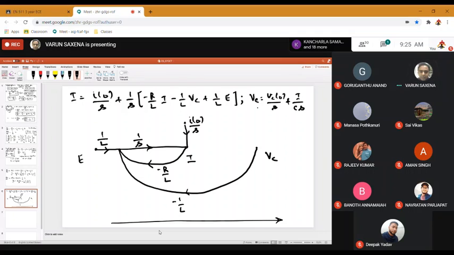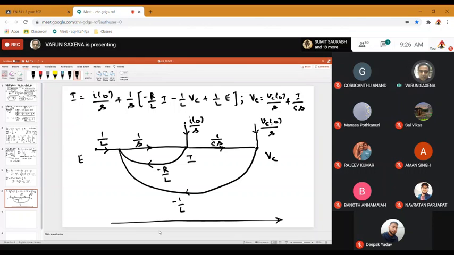Now if you look at Vc, then basically it is this quantity getting multiplied by 1 upon Cs, and to which you add Vc0 by S. So that's it.